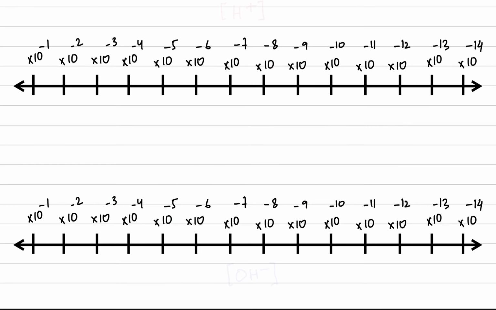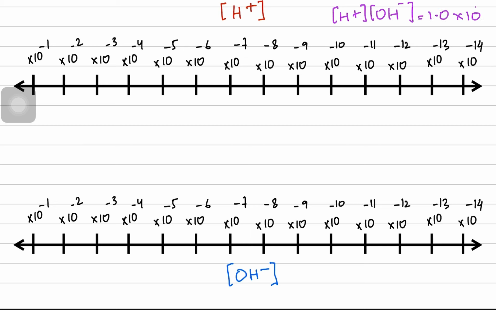Now I want you to look at these two scales. On these two scales, I have the concentration of H+ and OH- ion. And I want you to remember that the product of these two ion concentrations should always be 1 exponent minus 14, because that is the value of Kw.